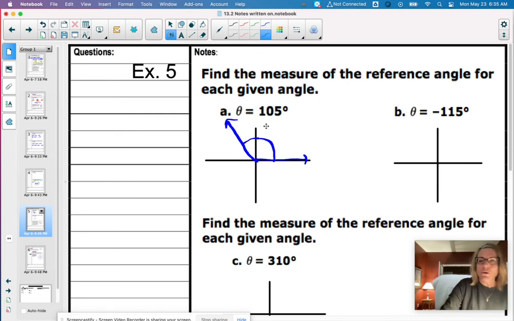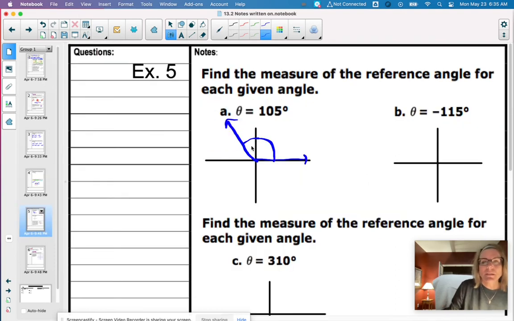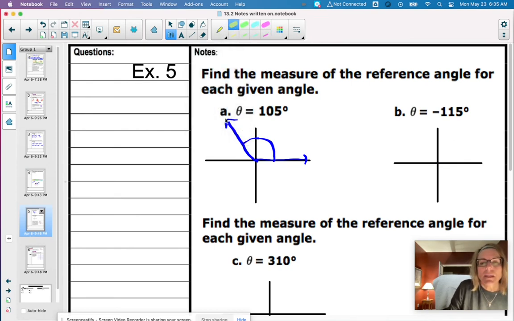And recall, let's go back. A reference angle is positive, acute, and it's formed by the terminal side and the x-axis, right? So if I highlight this, this is the terminal side and this is the x-axis.